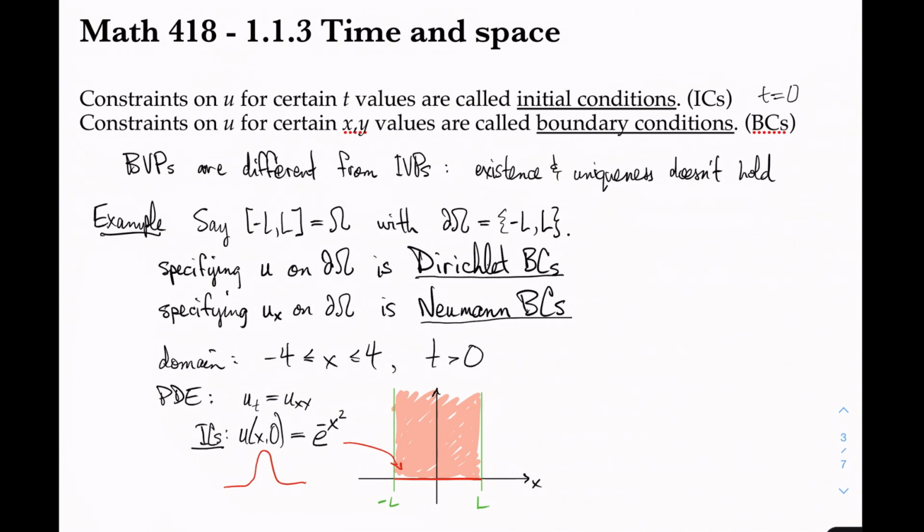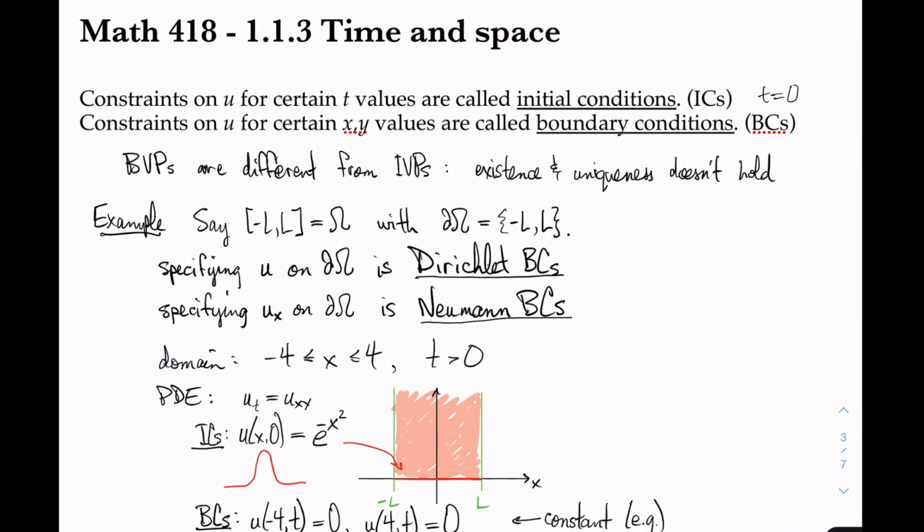And then we also have the boundary conditions. For this, we'll just say that u at -4 for all time will be equal to 0, and also that u at +4 for all time will be equal to 0. Now, these functions here don't need to be constant. In this case, they are constant, but they don't need to be. However, they do make things a lot simpler when they are constant.